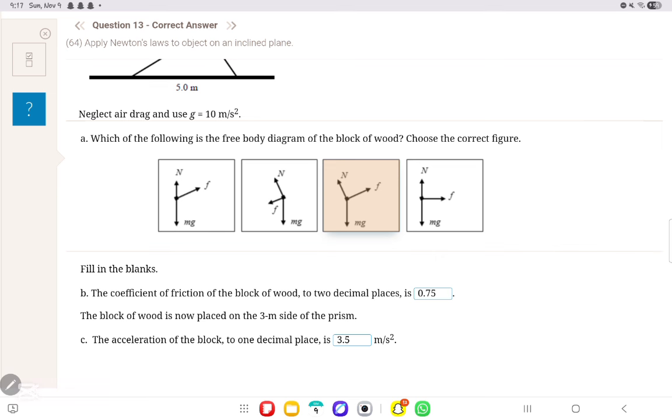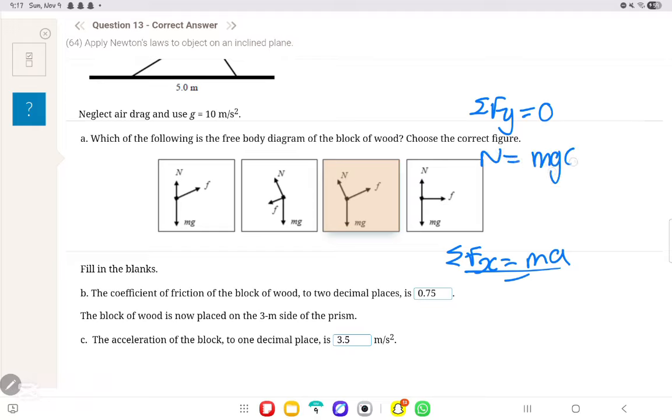So how would we find it in this scenario? Because the slope is steeper, we are going to have an acceleration. So sigma fx is ma, but sigma fy is 0, since it does not move up and down, it only goes down. That means n is equal to mg cosine theta, and fx equals ma.